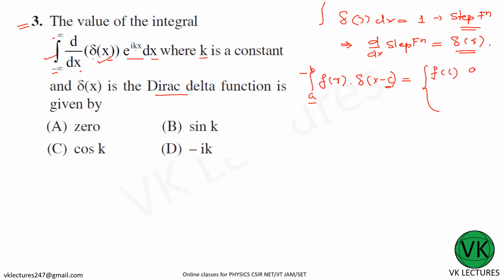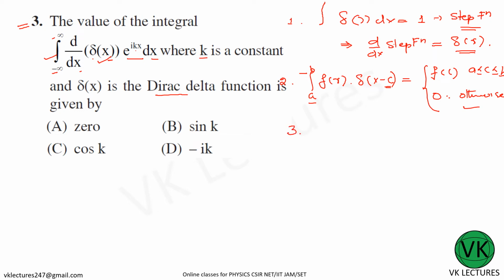That means a less than or equal to c less than or equal to b. And the value will be equal to 0 otherwise. Now this is point number 1. Here you have point number 2.